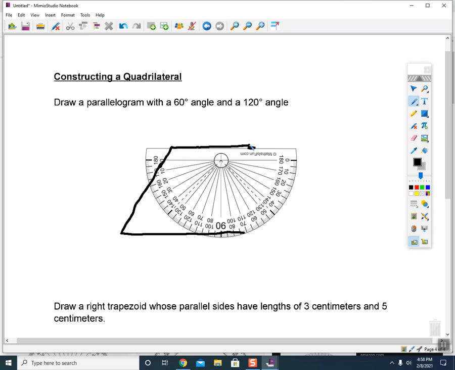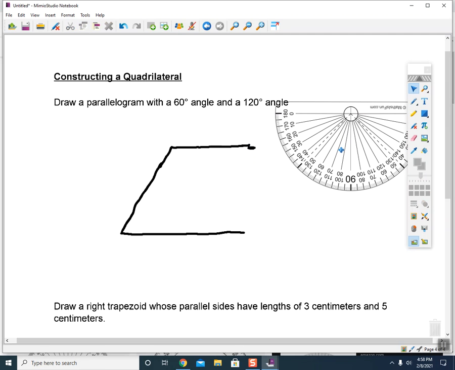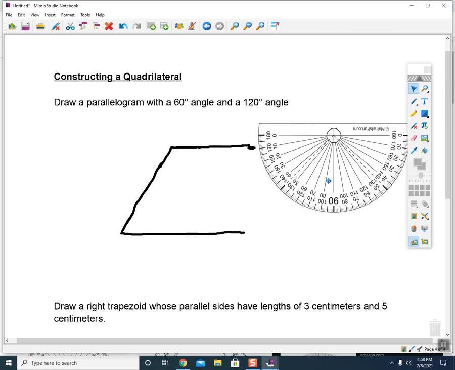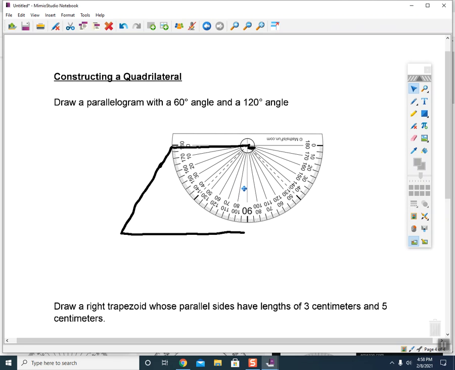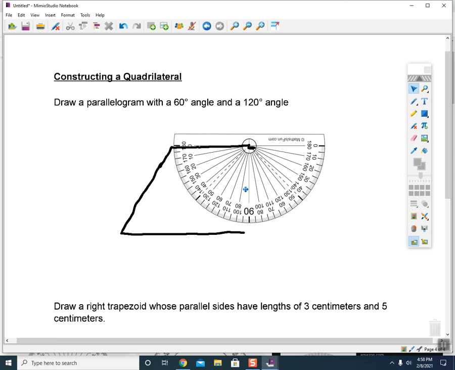Okay, and here's the other thing that I know. If this is 60 degrees, the opposite side is also going to be 60 degrees. So to round this out, I'm going to take this end and make a spot down here at 60 degrees, right down there.